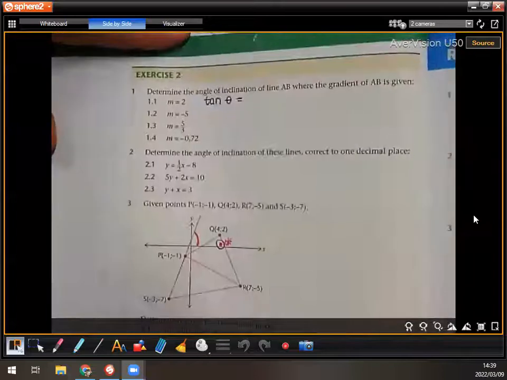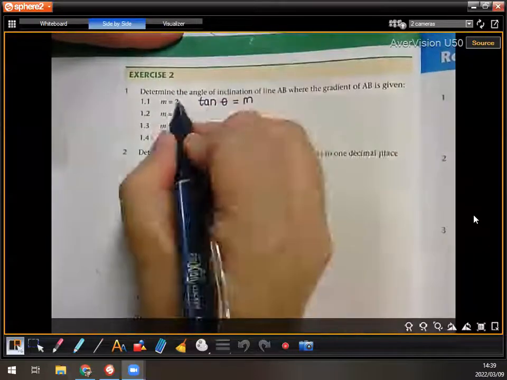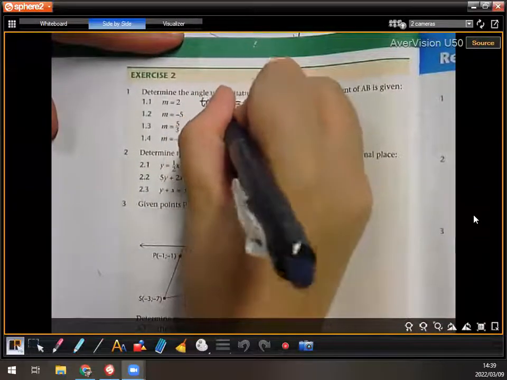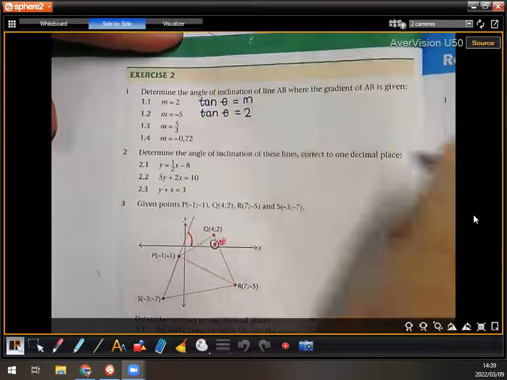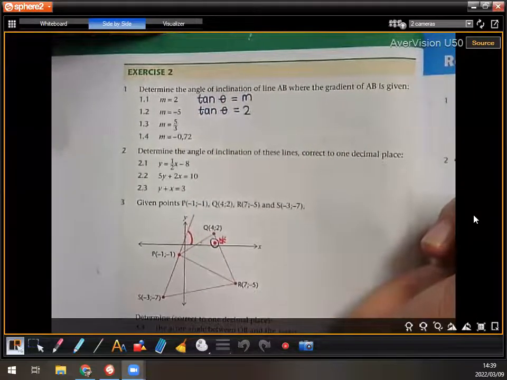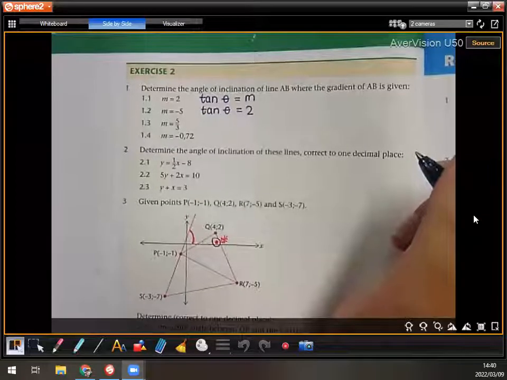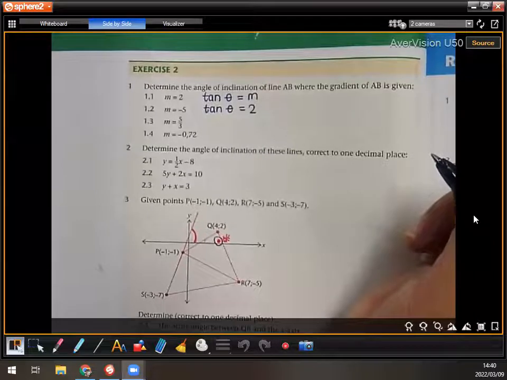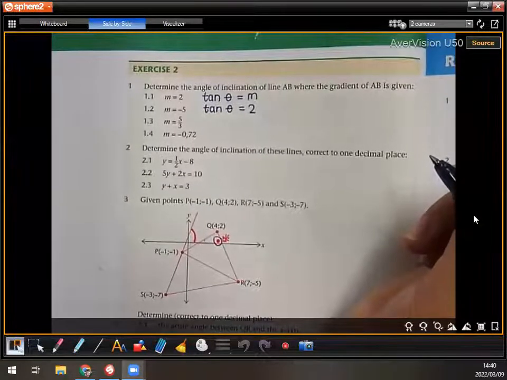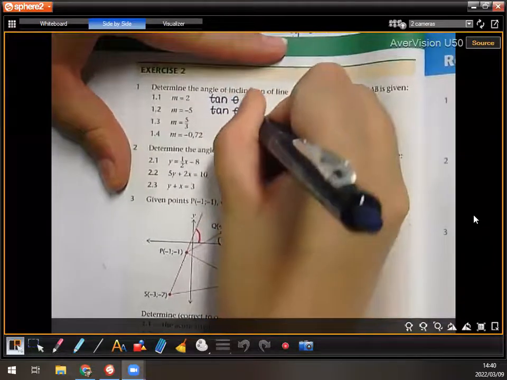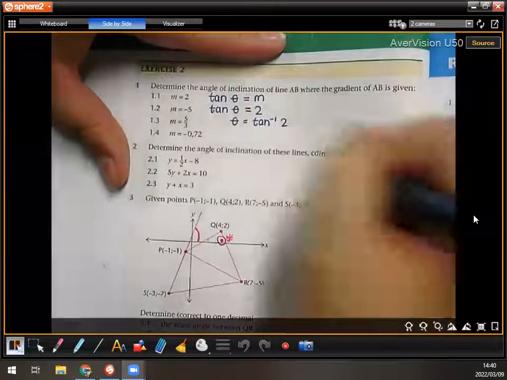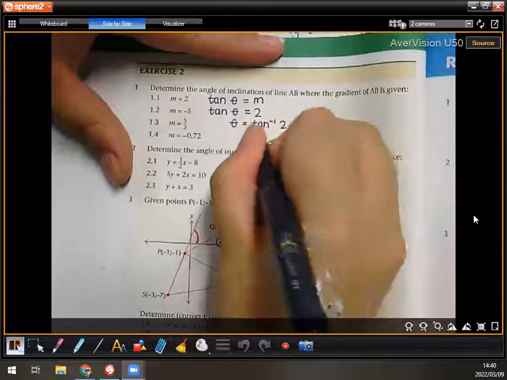Tan of theta is equal to m, but now they're telling us that m is 2. So for this first one, we can just go straight to tan theta equals 2. We don't have to do that first step where we find the gradient. They've given us the gradient. Okay, do we understand the difference? We're literally saying m equals 2. And now from there, you're going to say theta is equal to shift tan of 2. Type that into the calculator, and that is then your answer.